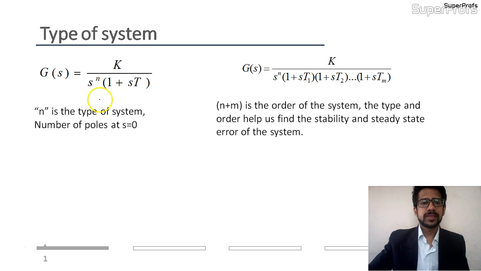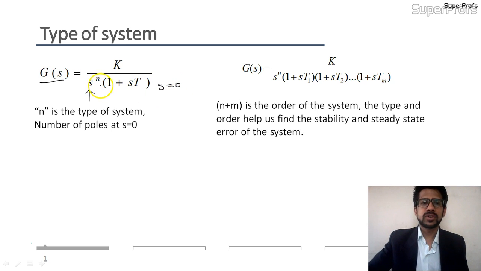As you can see on the left hand side, G(s) is a transfer function wherein there is gain K in the numerator and the denominator is characterized as s raised to n into (1 plus sT). Now, such a system has n number of poles at s equal to 0.